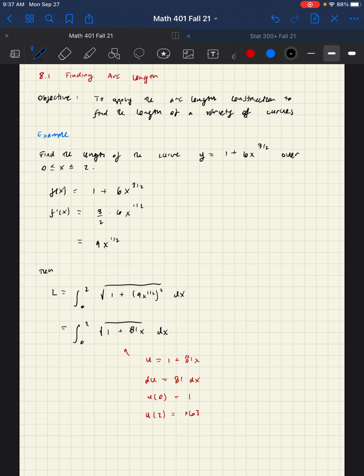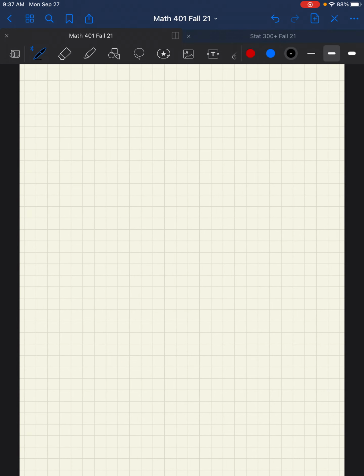And then u of 2 becomes 81 times 2, which is 162, plus 1, which is 163. Then we get the integral from 1 to 163 of 1 over 81 times the square root of u du.